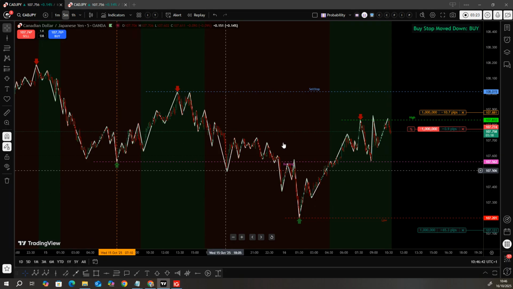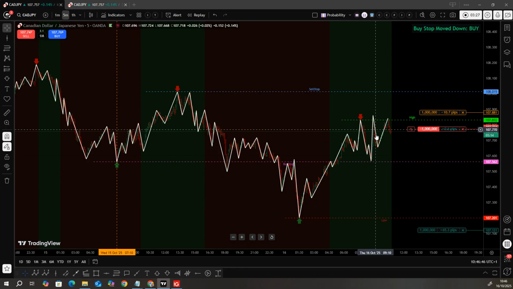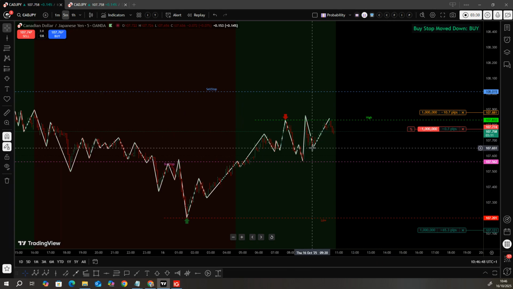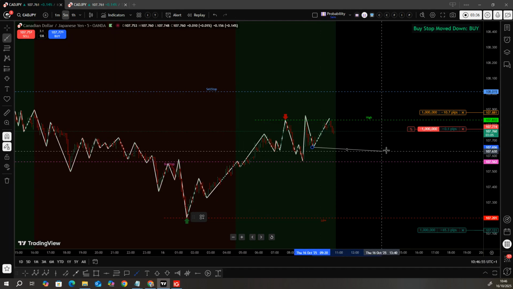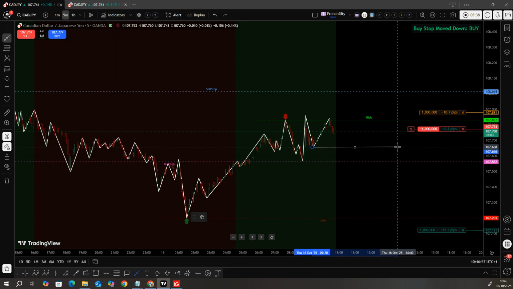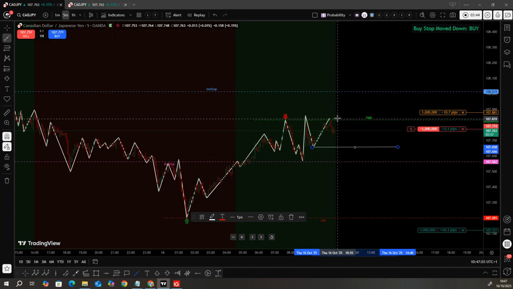So we can see we want to sell high, the price broke the high, we failed. The confirmation will be a break below this internal midpoint, but that doesn't stop us from selling where we sold here. We can take a buy here, but why would we buy at the high?